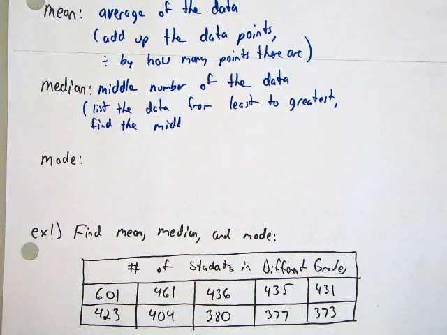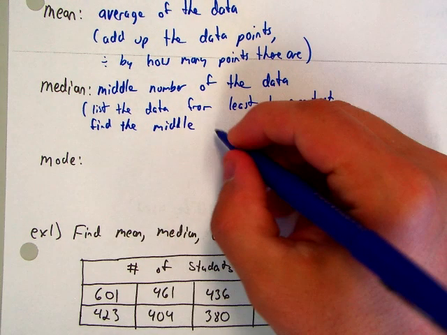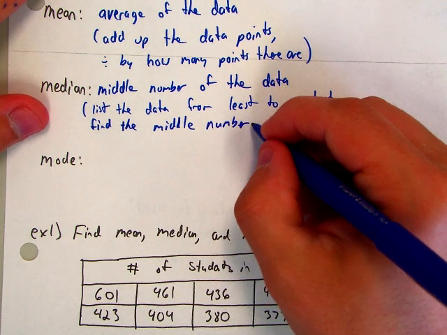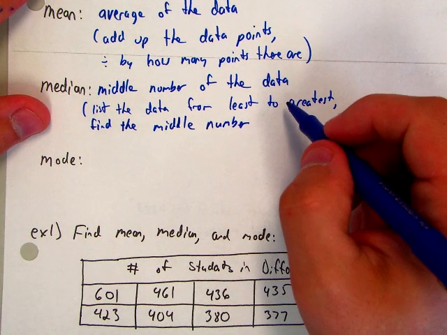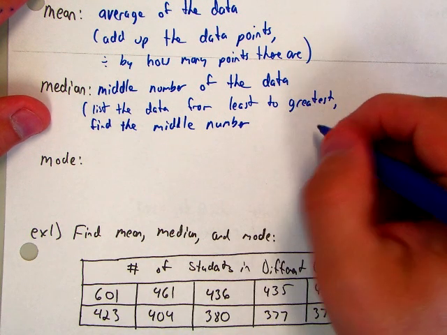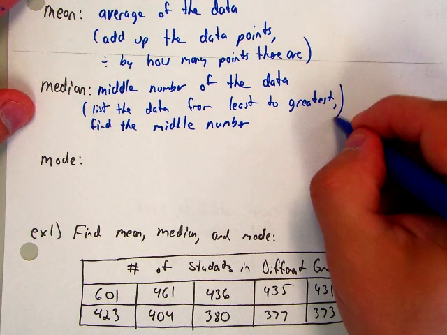Now, if the middle happens to fall between two numbers, you have to find the mean of those two numbers. So we'll be able to see that in example 1, actually.